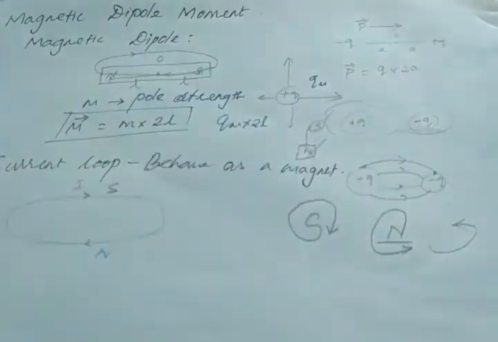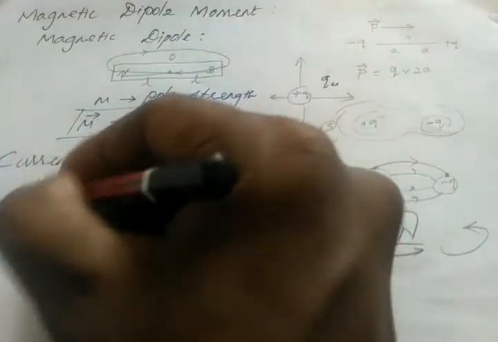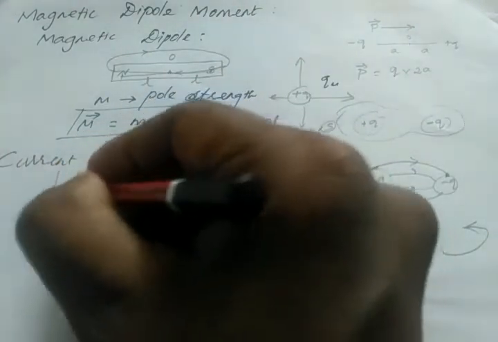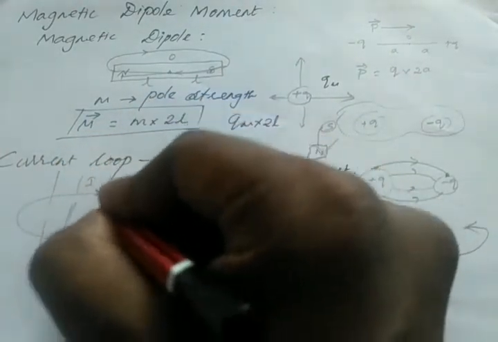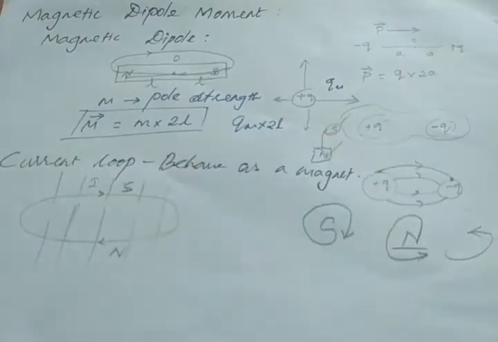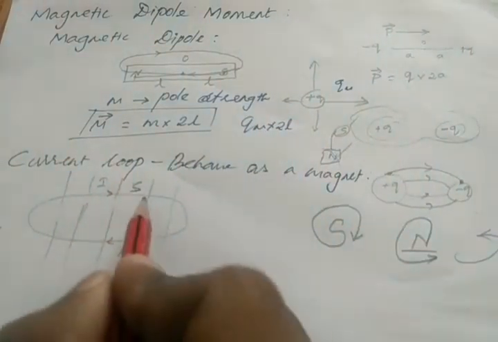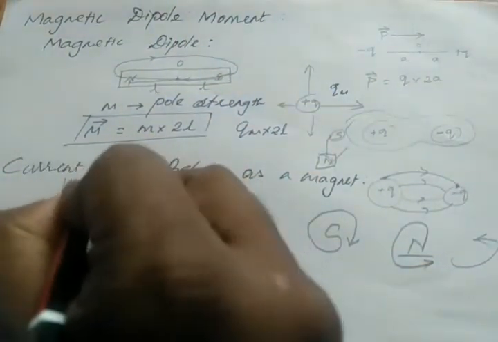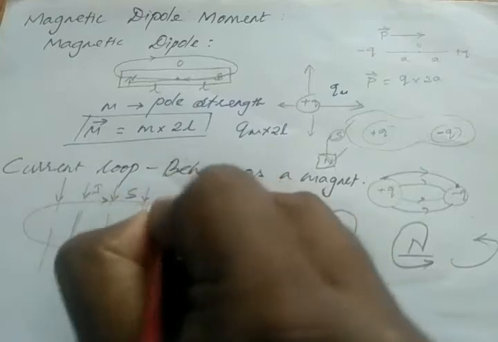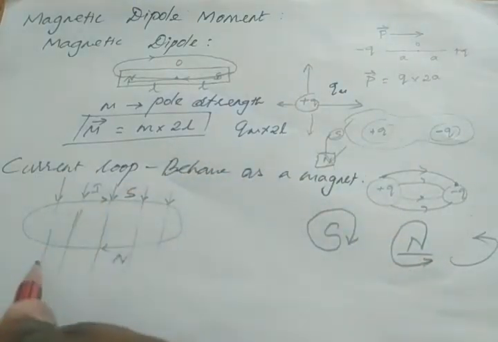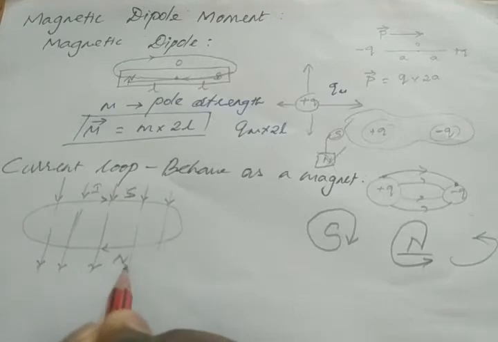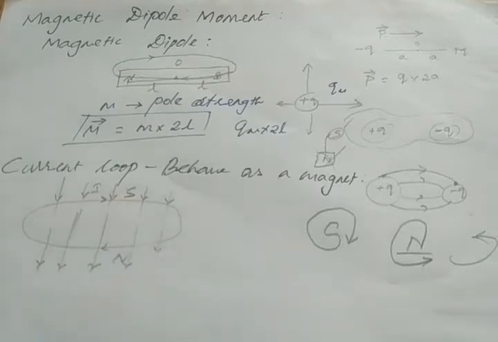I draw the magnetic field lines for inside the loop, starting at south and ending at north. This is the direction inside the loop.